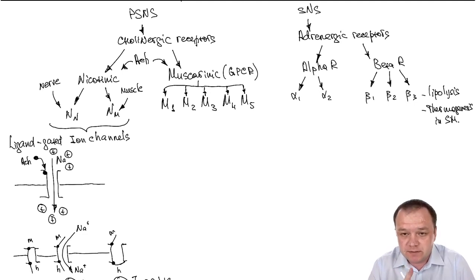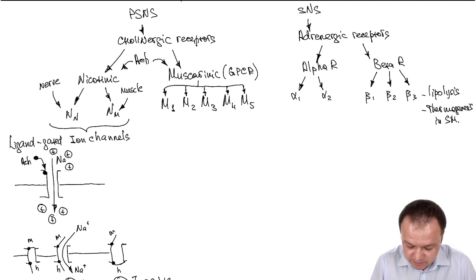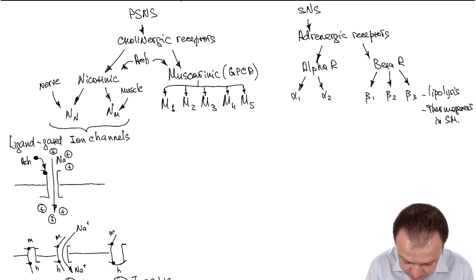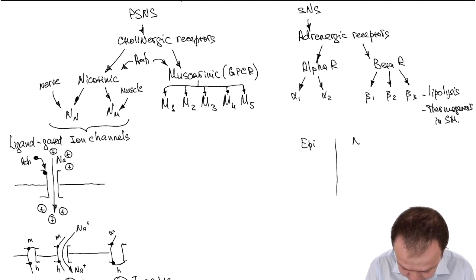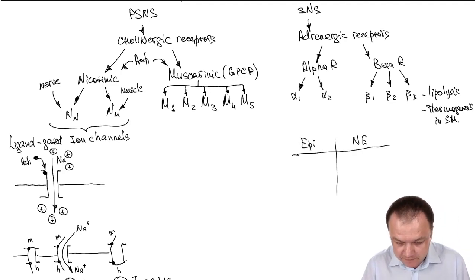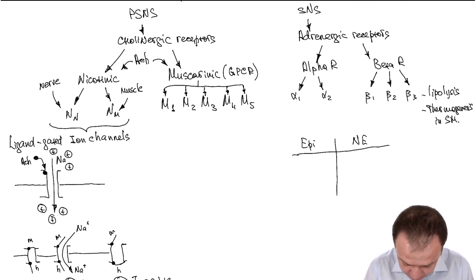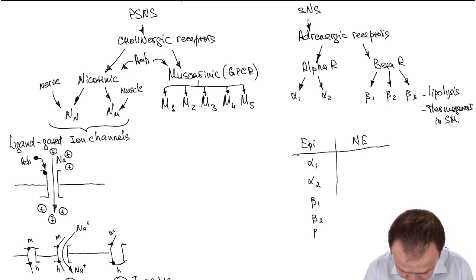Here is a very important concept I would like to mention about ligands and receptors. We said that the major neurotransmitters for the sympathetic nervous system are epinephrine and norepinephrine. Epinephrine produces action on alpha 1, alpha 2, beta 1, beta 2, beta 3 receptors.